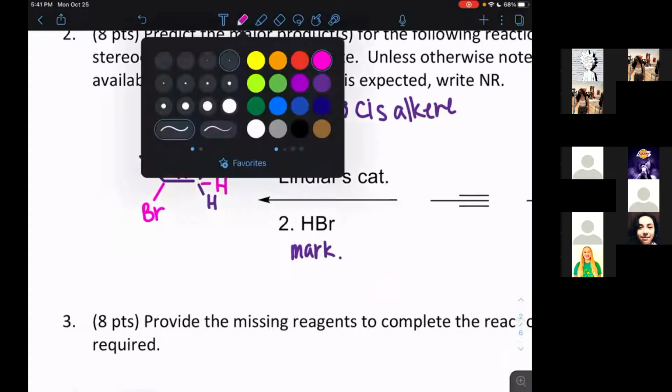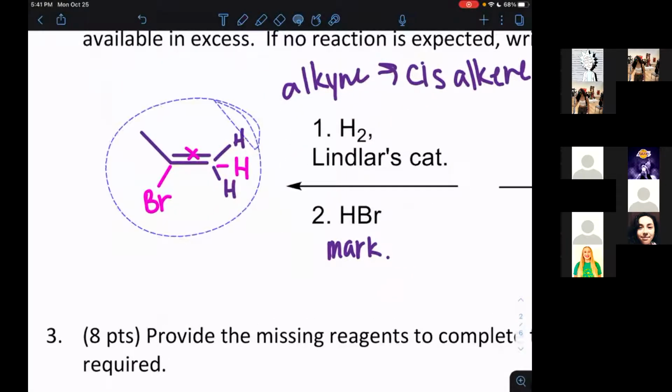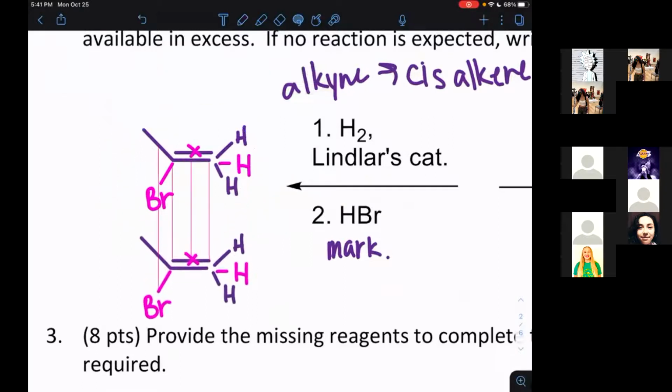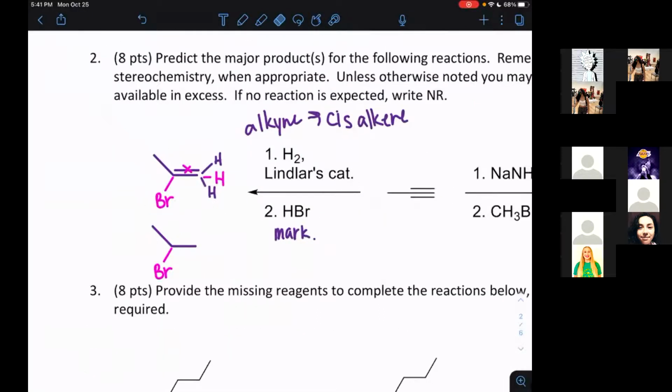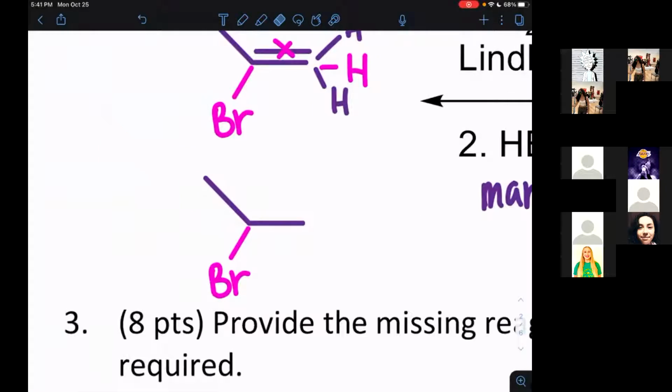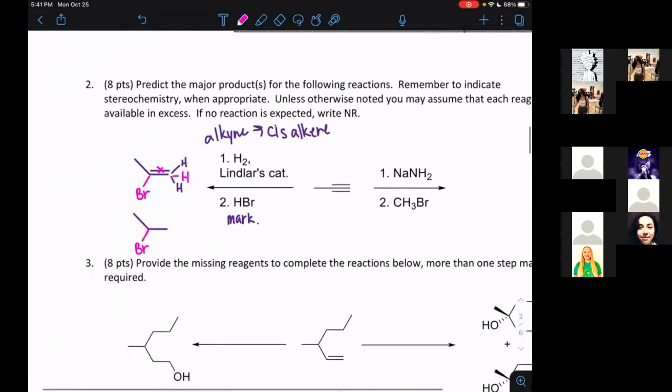So then the final product. Okay. Just like that. Can anyone confirm that? That's what I got. Cool. So that's that way.